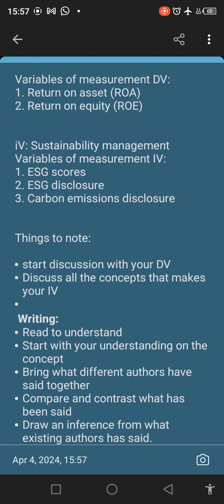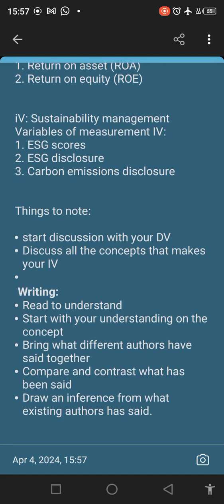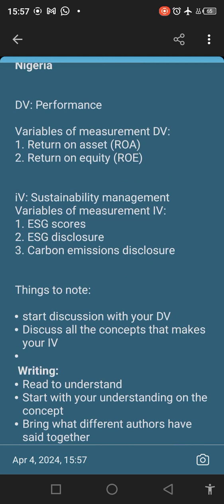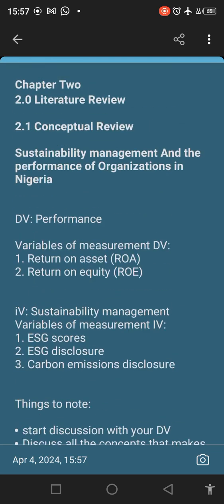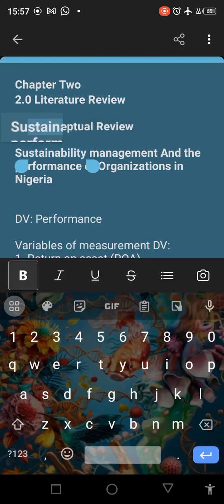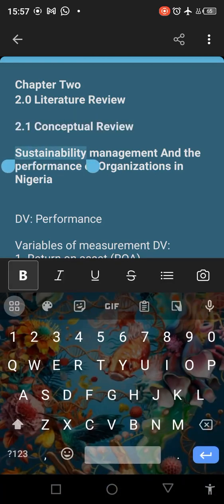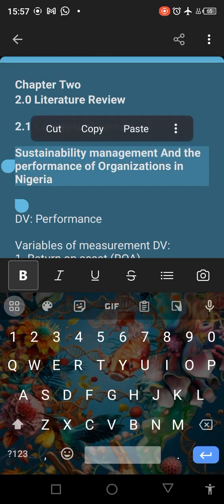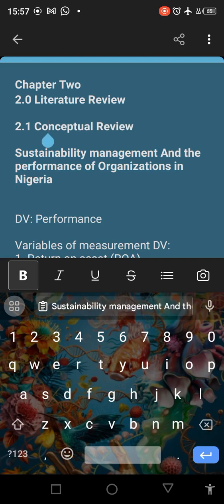Now, let me go back to this example that I have here. This is the topic I am working on. I want to bring this topic to the top here. Okay, copy and cut.